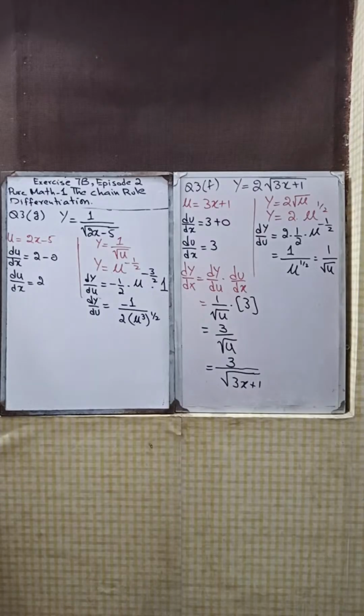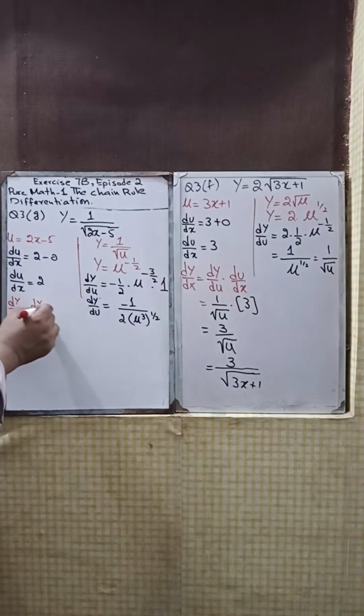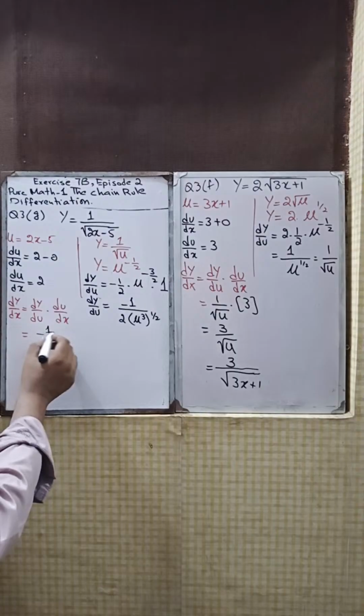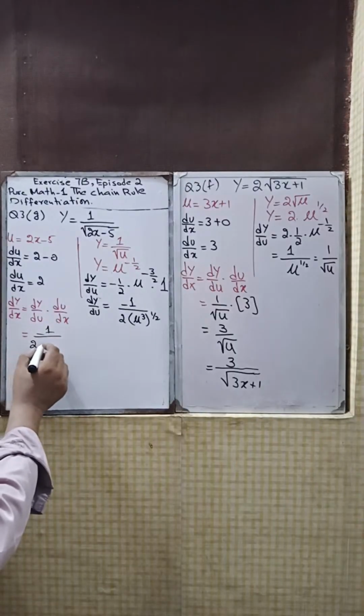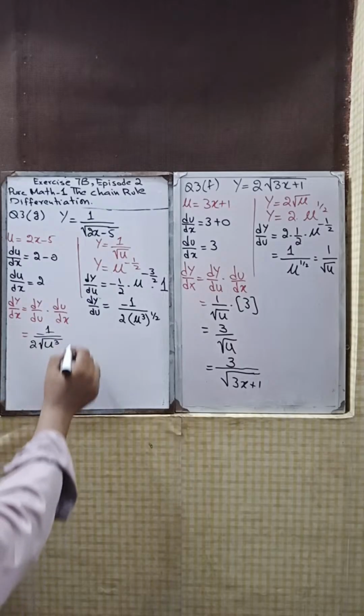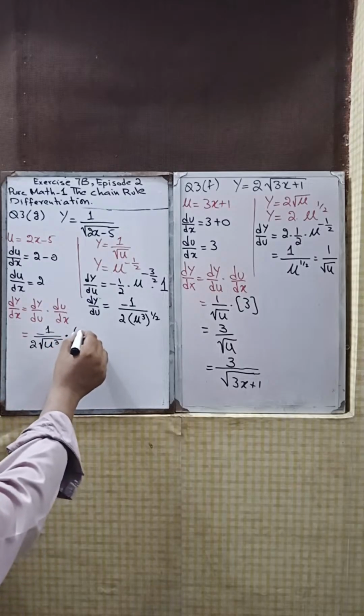Now we will apply the chain rule. The chain rule says that dy by dx will be equal to dy by du times du by dx. So just put those values there. This will be equal to minus 1 divided by 2 times the square root of u cubed, times 2.